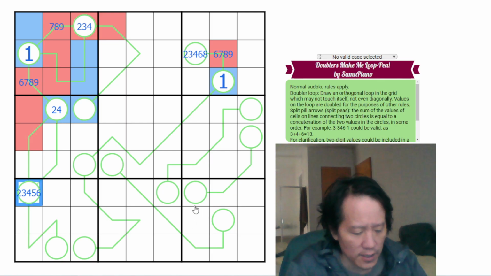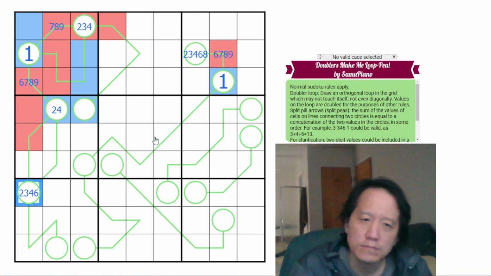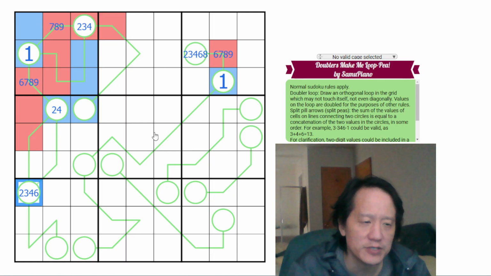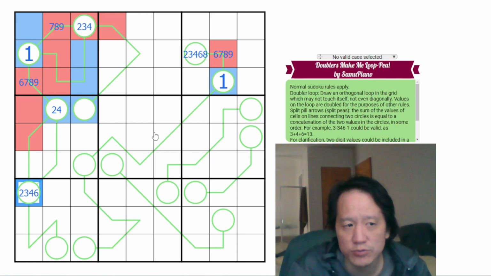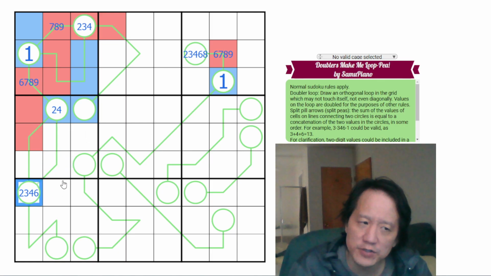So this cannot be 5. Okay, 25. So 8 would have to be doubled, which is 16. You would have to have a 9 with it, but then the problem is the 9 is already doubled in that situation too. So that doesn't work either. So 25 does not work.